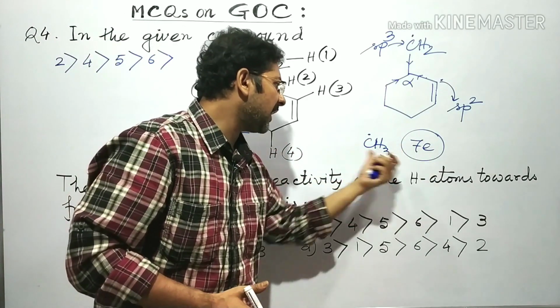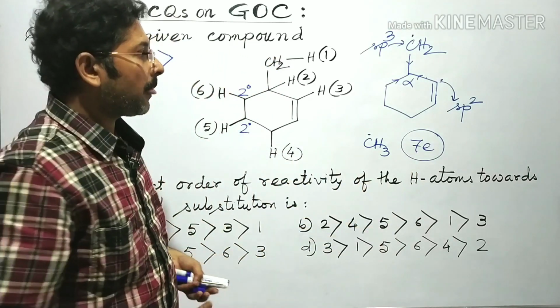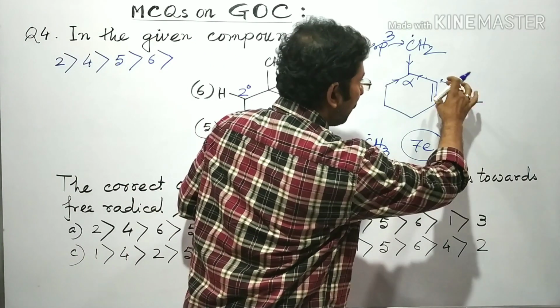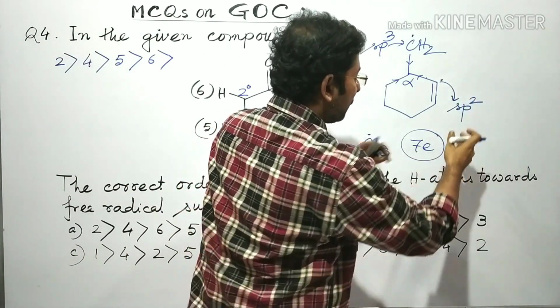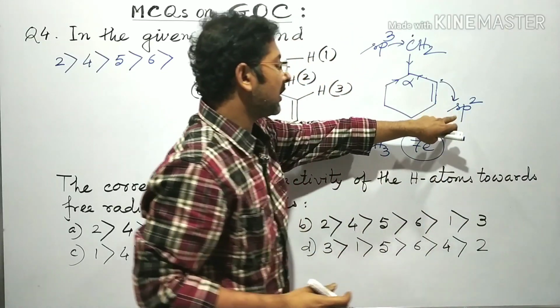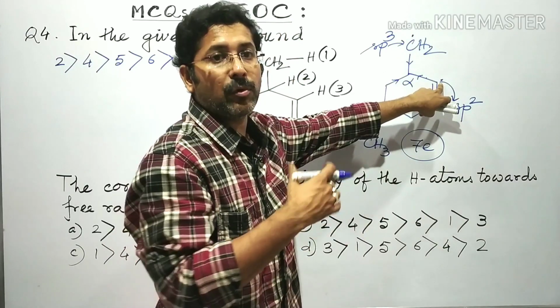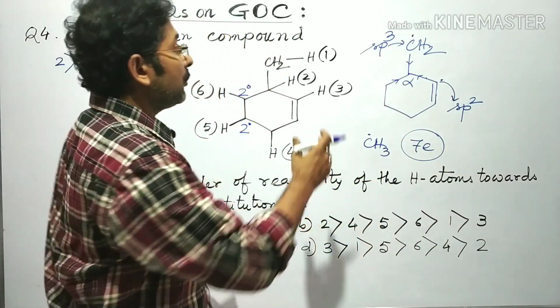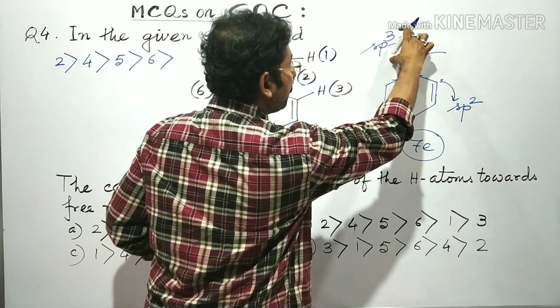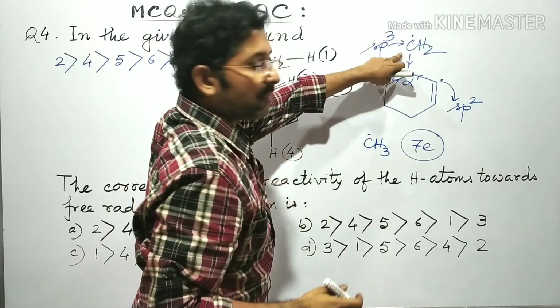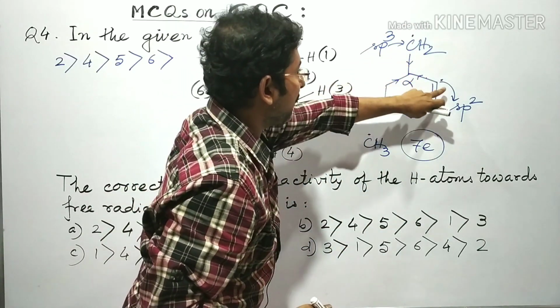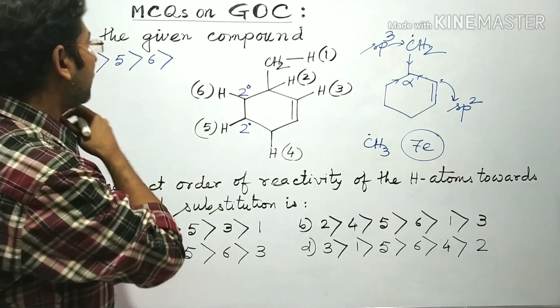So all free radicals are electronically deficient. So when the free radical is present at the sp2 carbon, which is more electronegative, this free radical will be most unstable. So this sp3 free radical, although it is a 1 degree free radical, is more stable than the sp2 vinylic free radical.